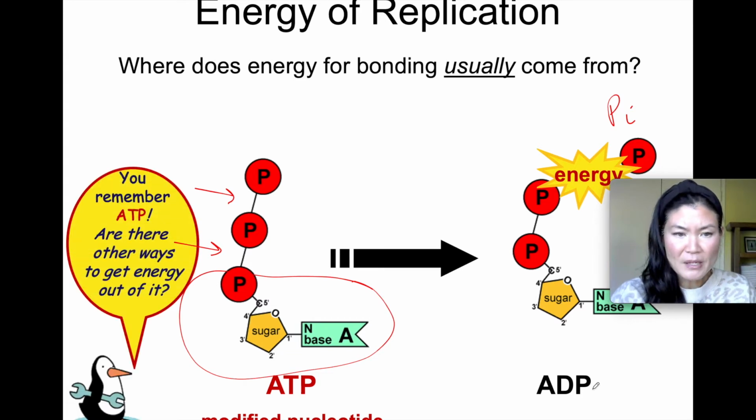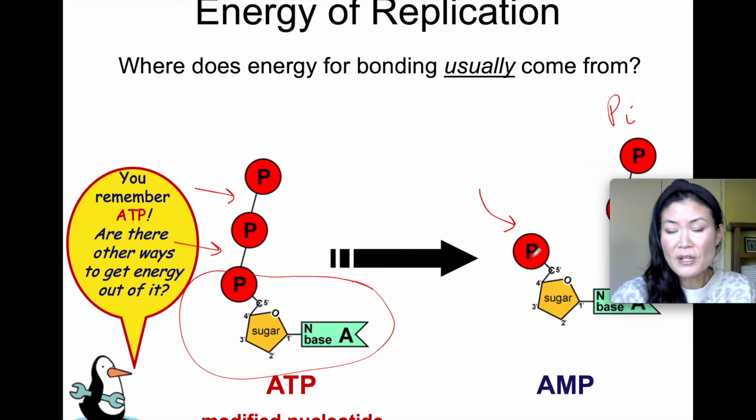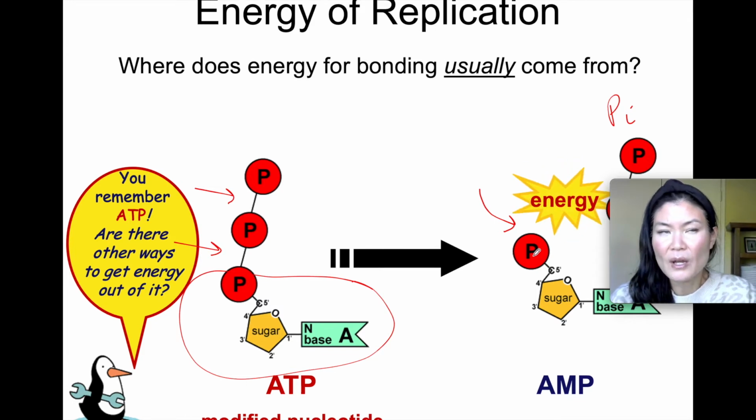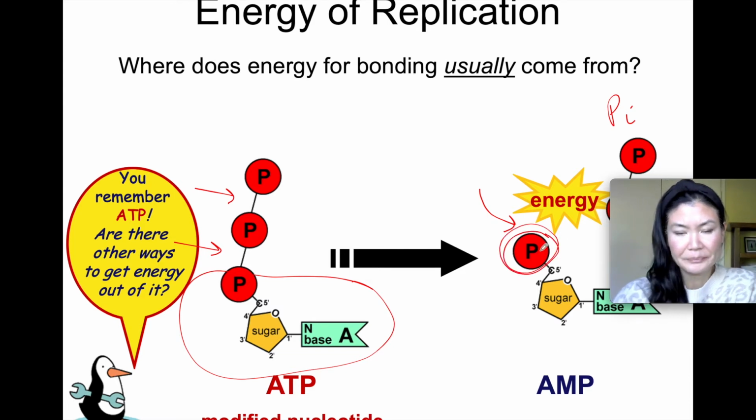You remember ATP? Are there other ways to get energy out of it? Yes, there is, okay? You can actually break off the other phosphate group and energy is released. So actually, you can get AMP, okay? You can get AMP. So ADP was adenosine diphosphate with the 2 phosphate groups. AMP is adenosine monophosphate, mono meaning 1, okay?